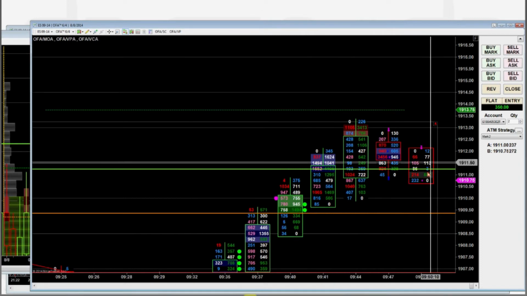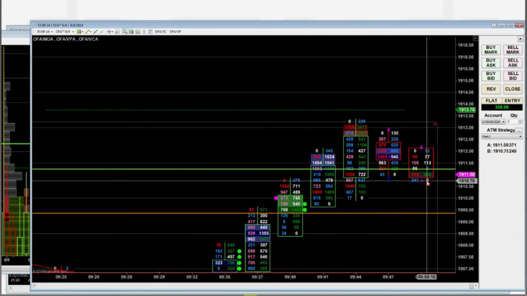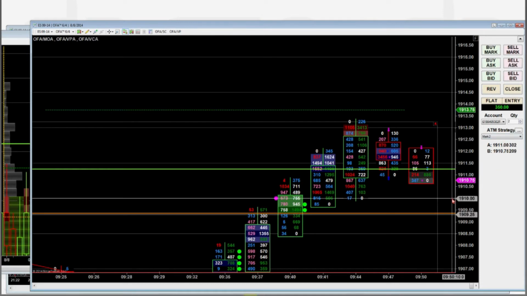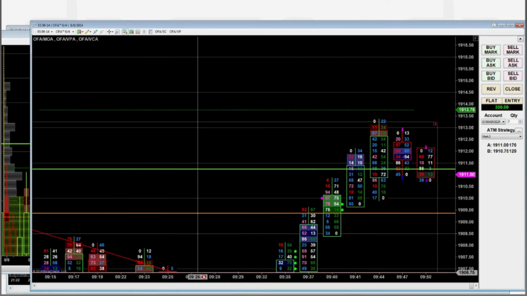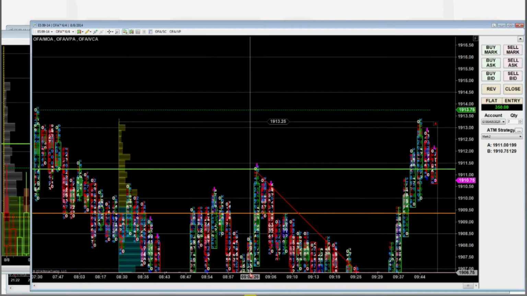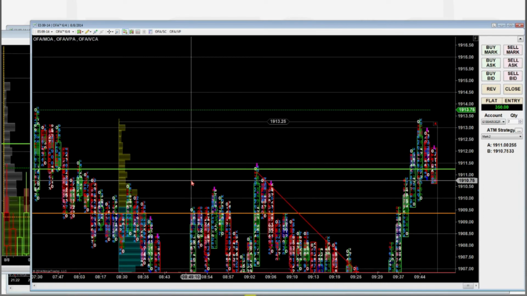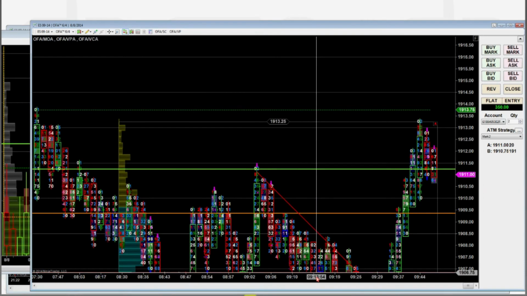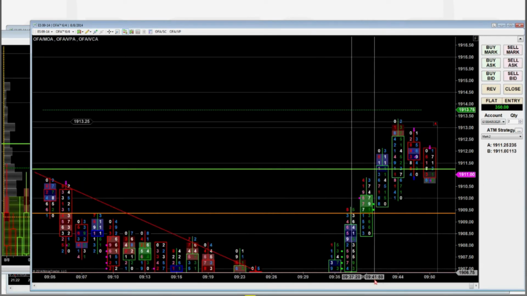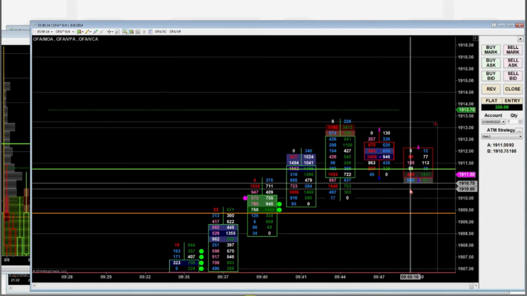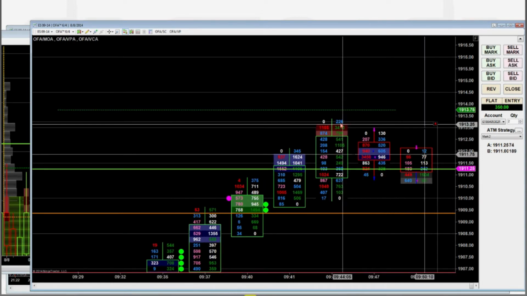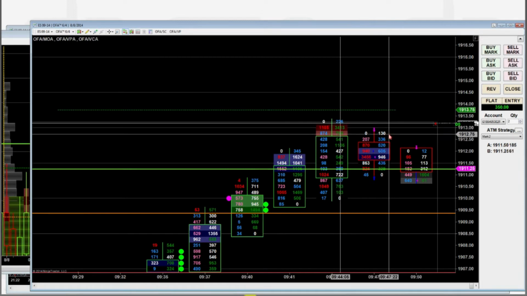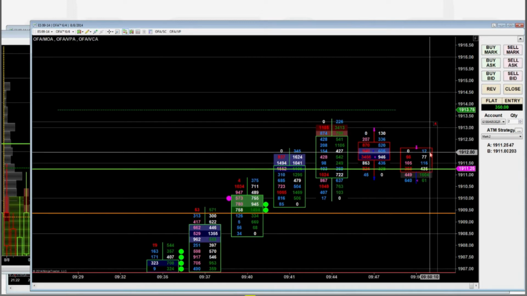Okay, well, I did that to manage my risk. So I need to go back and take a look at the profile, see what's going on. I got a little bit of a low volume area here at 1075. See a little buying coming back, but now weakness here, neutral, weak at the top here.